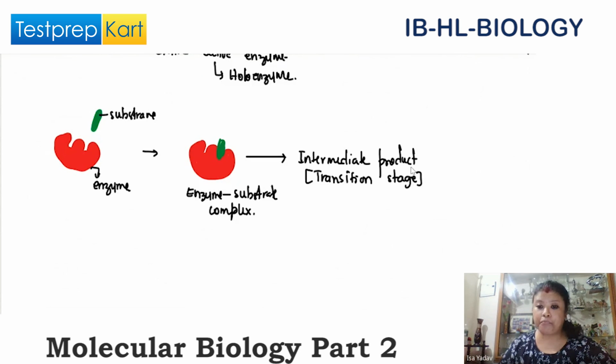Clear? So the transition stage will ultimately lead to the formation of product. Now the product will be formed. So I'll draw the product in another color. Instead of that, let me give a yellow color. That will be bright. Yes, a product is formed.